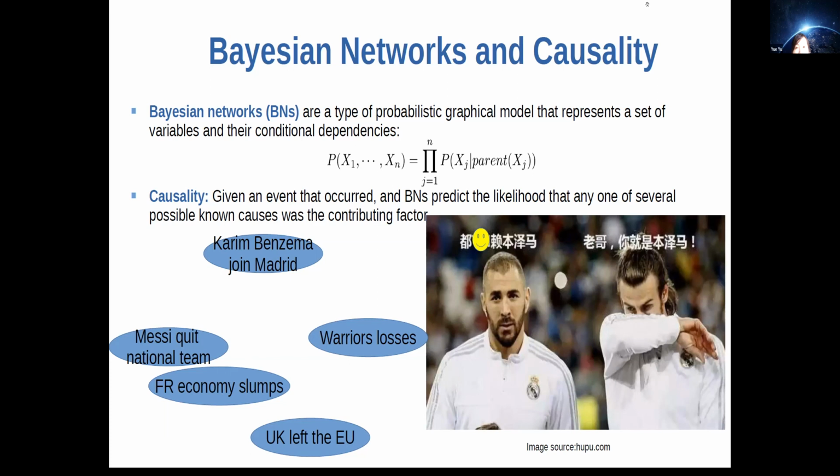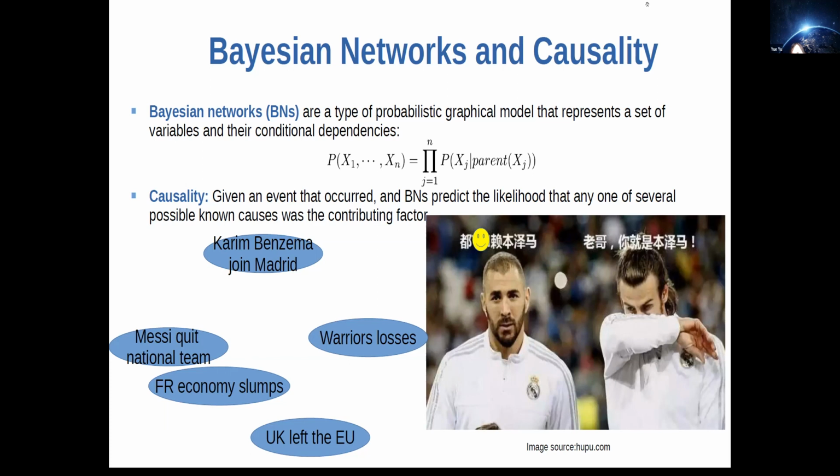It's trying to give a probabilistic graphical model that represents the conditional dependencies of multiple events, which is modeled by a set of random variables. For example, when we have n random variables from x1 to xn, we write the joint probability of these n random variables as a product of several local probability distributions.